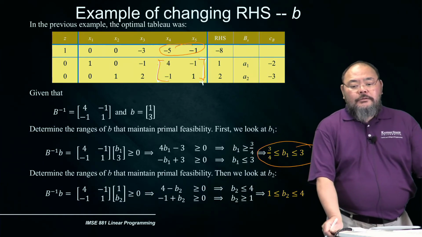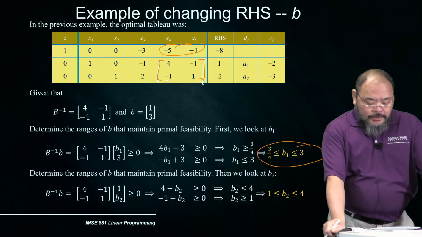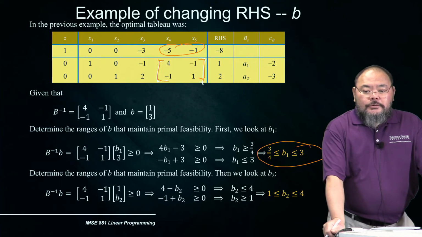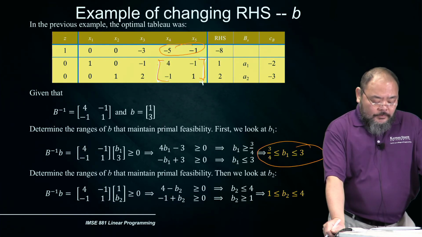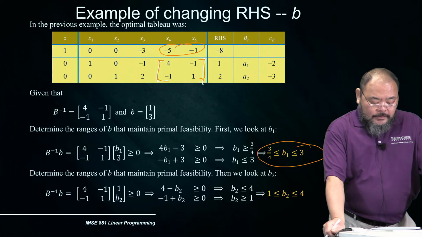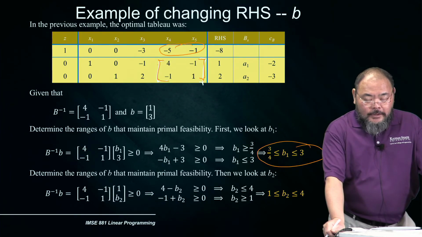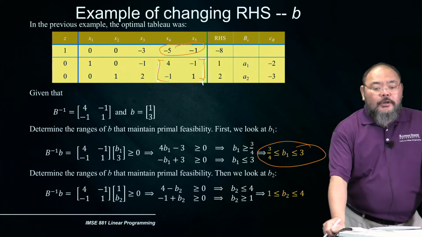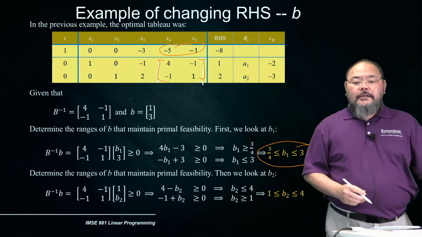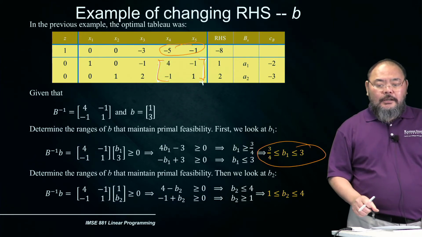So if B1 is maintained within 3/4 to 3, the current tableau will still maintain its optimality. And if only B2 changes and is maintained between 1 and 4, the current tableau will also stay optimal. We just have to recalculate XB, the current basic solution. That's all.